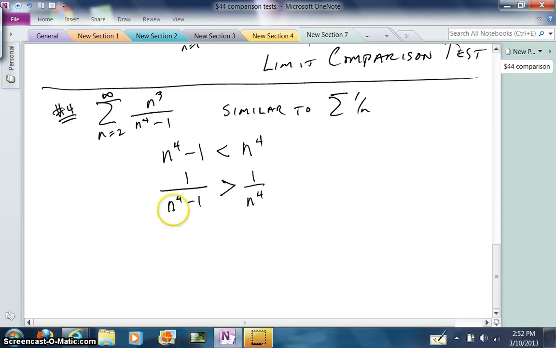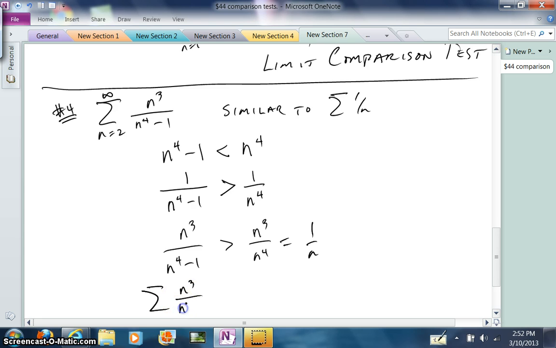Okay, well now, I don't want this, I want n cubed, so let's write n cubed over n to the 4th minus 1. That's still greater than n cubed over n to the 4th, and that's equal to 1 over n. So we can conclude that the sum of n cubed over n to the 4th minus 1 is greater than the sum of 1 over n, and we know that this diverges.